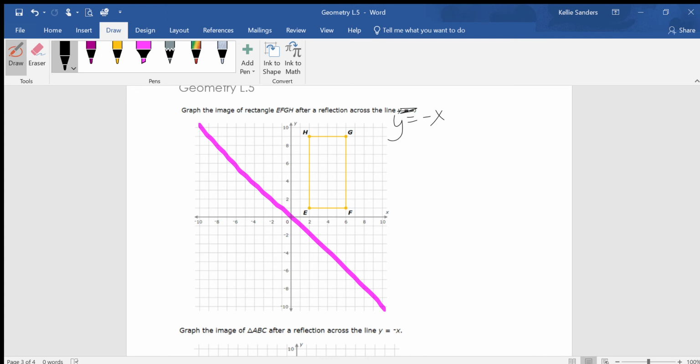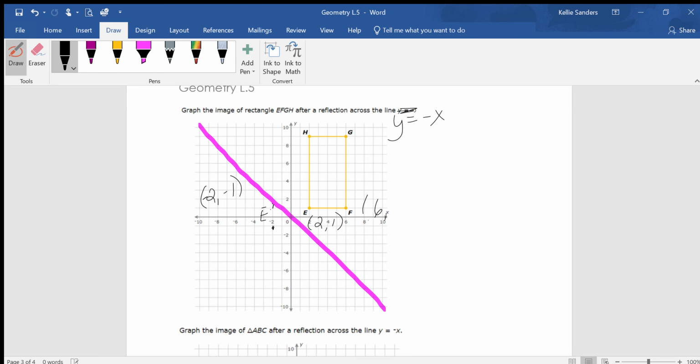So E right now is at 2, 1. And so on this one, we're going to be at -2, -1. That's going to be E prime. -2, -1, sorry.